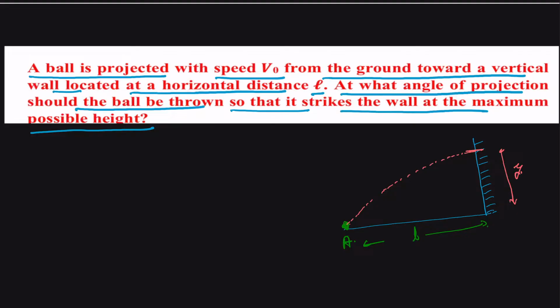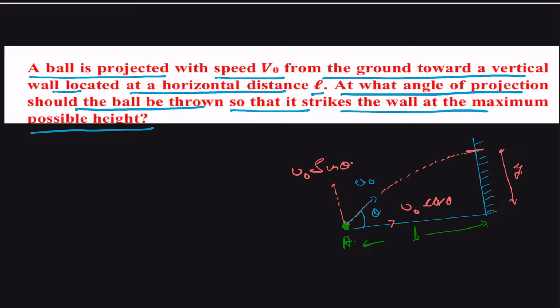And the projectile is, suppose, launched with the velocity v0, at an angle of theta with respect to the horizontal. And we can easily divide this v0 into two components: this will be our v0 cos theta, and this will be our v0 sine theta.